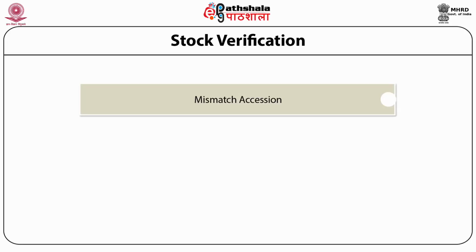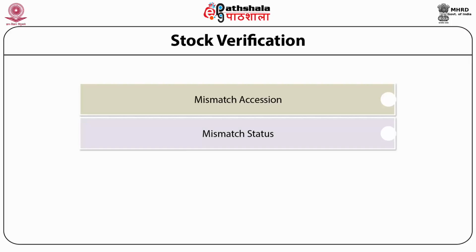Number 1. Mismatch accession. In this type of report, one can get the list of items which are not available in the database. Number 2. Mismatch status. In this report, one can get the list of all those items for which the status is different in the database.